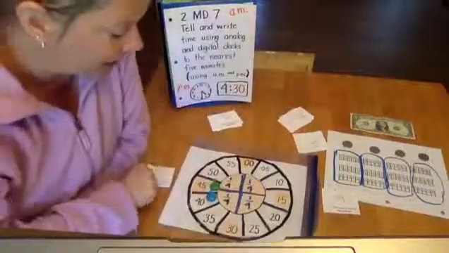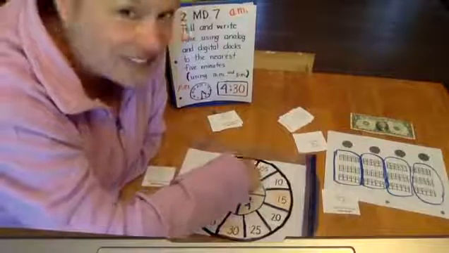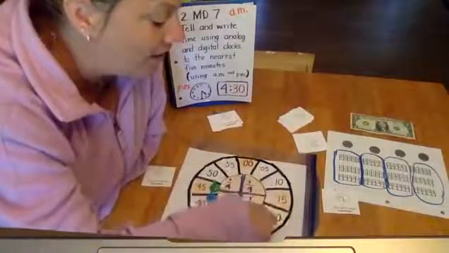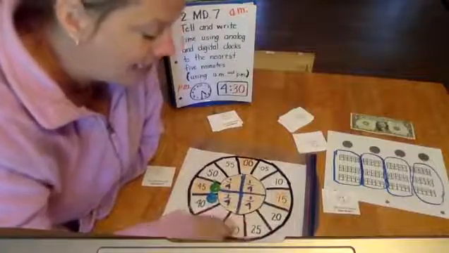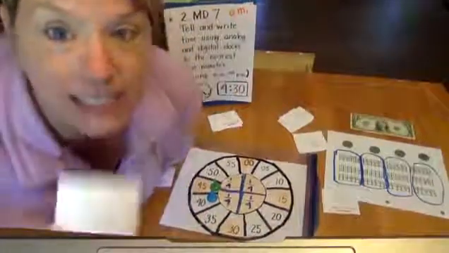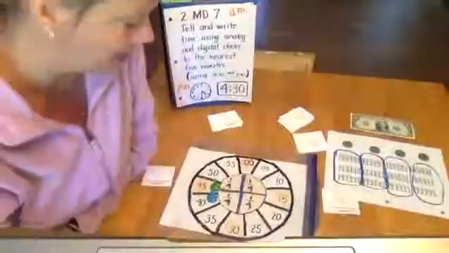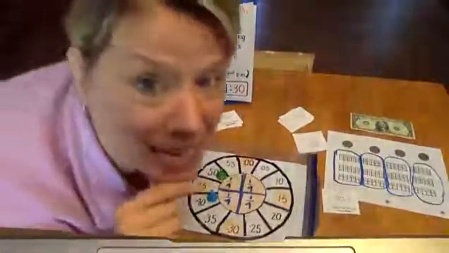So I have to say, okay, well, I've been 60, 65, 70, 75, 80, 85, 90, 95, 100, 105 minutes. Check it out. That's correcto. Miss Street gets to move ahead 5 minutes.